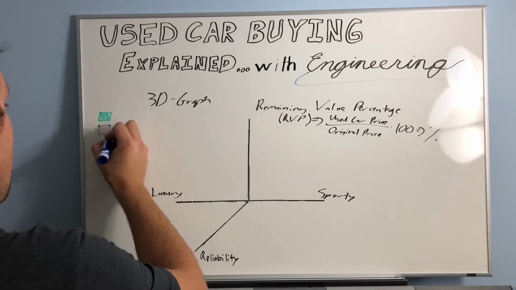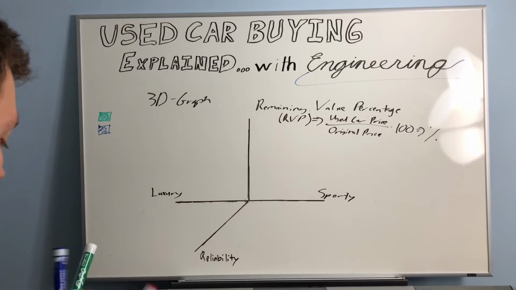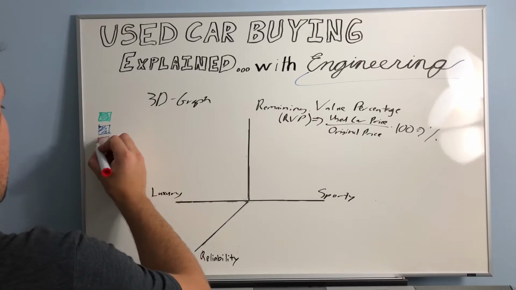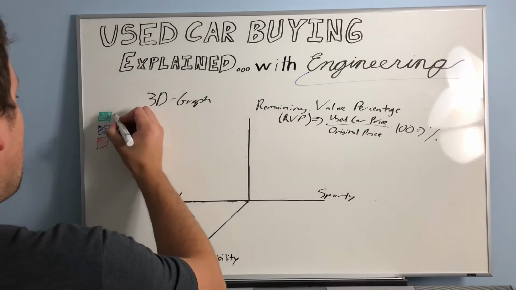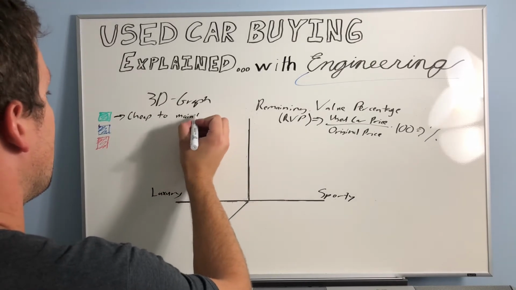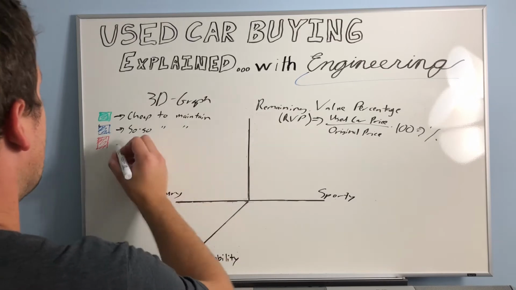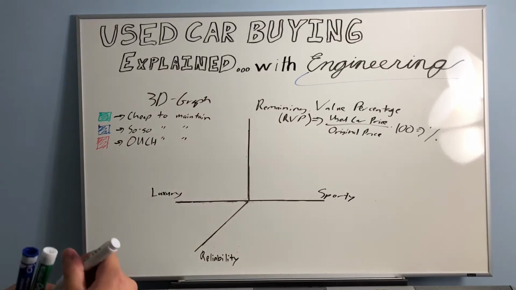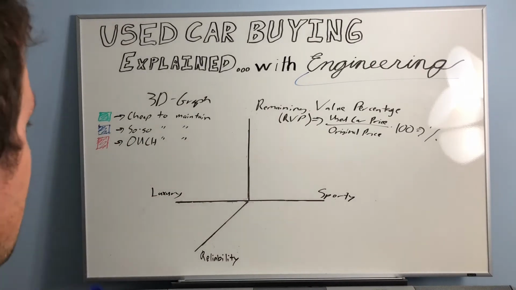Blue's kind of going to be middle ground. And then red is going to be very expensive to maintain. So we've got cheap, so-so in the middle, and then freaking ouch.